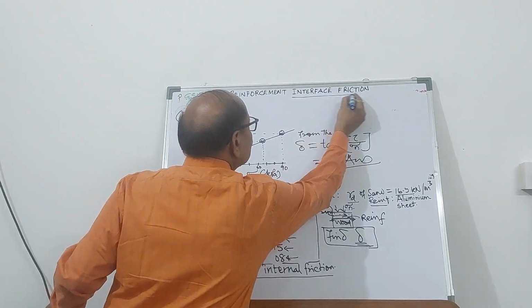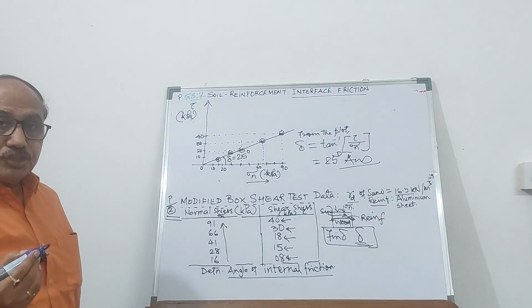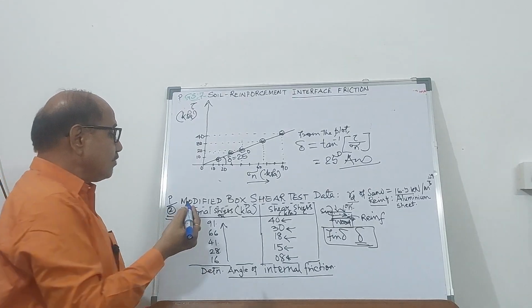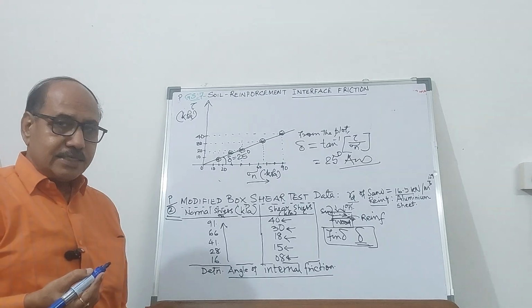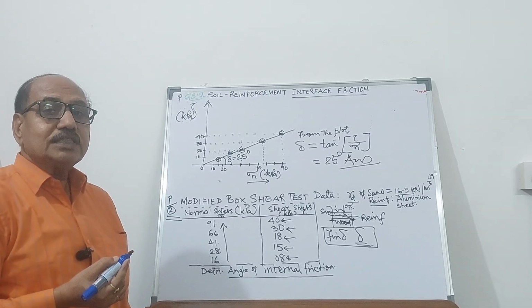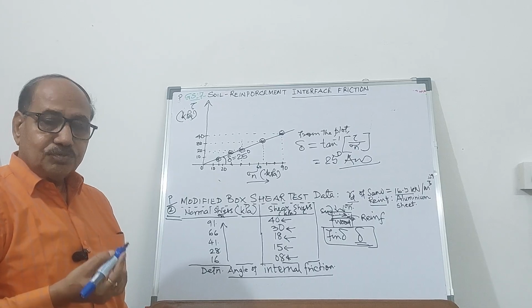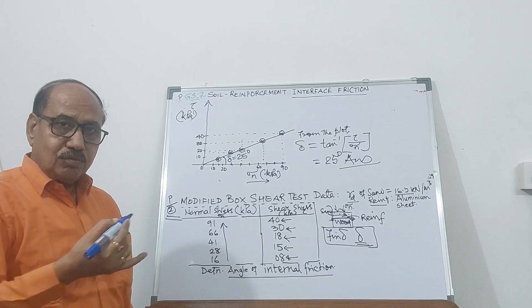From the pull-out test data, the maximum pull-out force T max is found at a certain displacement.